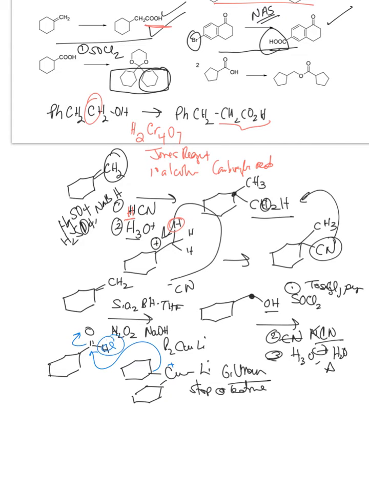This goes up and then it comes back down and the chloride will leave. So now you have a ketone. And then that is an acetal. That would be made like this, and acid. You got 1, 2, 3, 1, 2, 3, and that would give you your product.